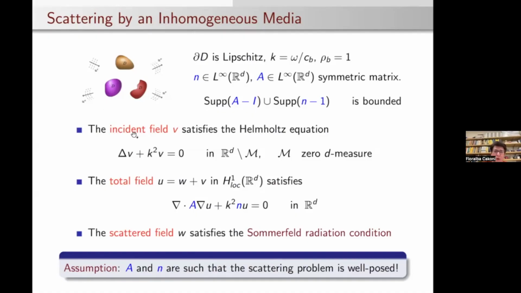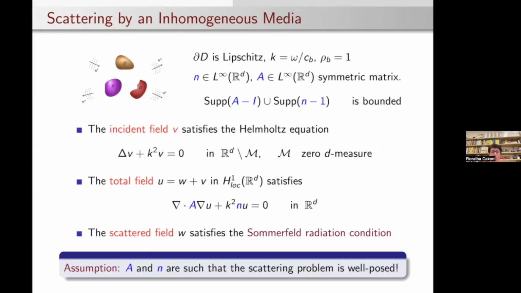All right, so the perturbation of the constitutive parameters will be a matrix valued function A and a scalar function N, which in general can be L infinity. Later on, I may require more regularity. And A and N are one outside the support of the perturbation.